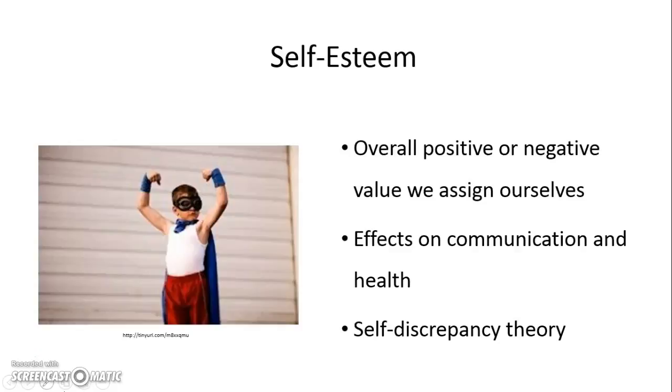Self-discrepancy theory says that our self-esteem is affected by the ideal and the ought. The further apart those two are, the more we're going to have low self-esteem issues. But when our ideal and our ought are a little bit closer, we're more likely to have positive self-esteem.